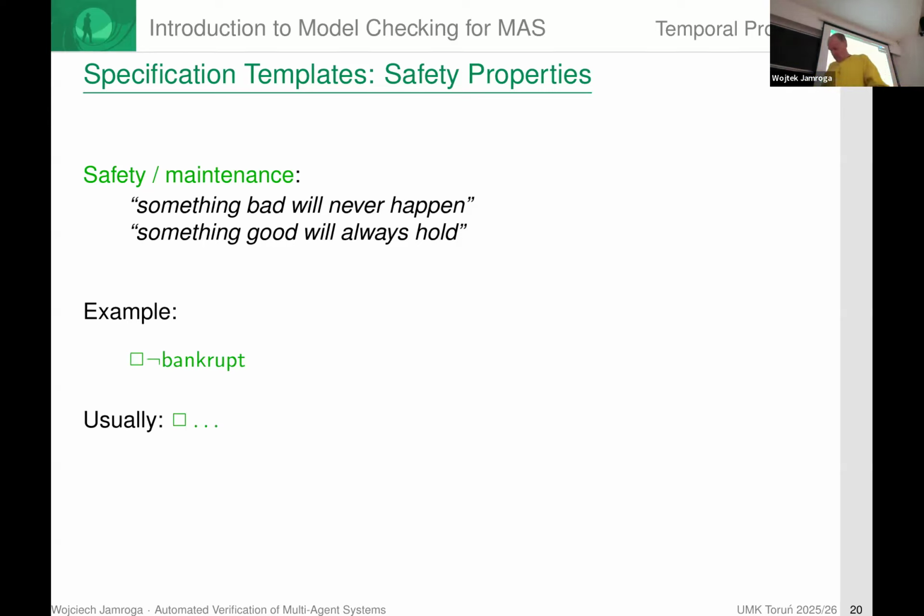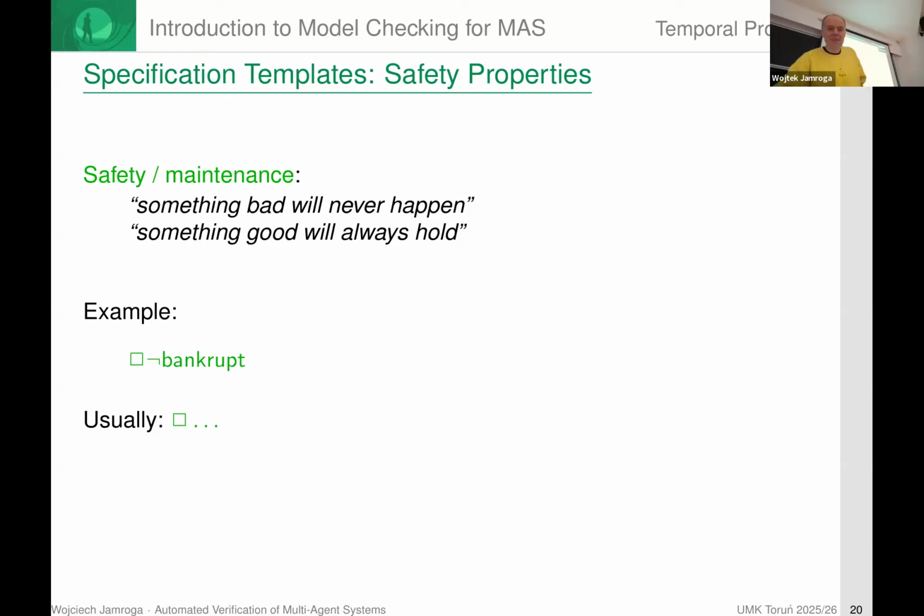So maybe a more agent-like motivation. If you are making a business plan for a small enterprise, maybe a good idea is to specify that I will never go bankrupt, right?